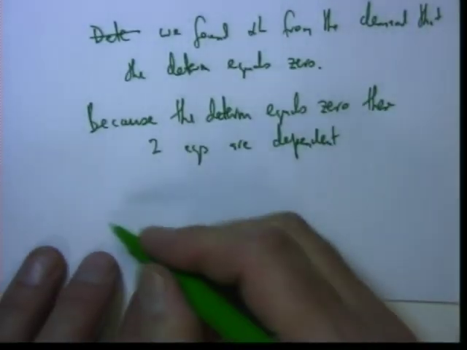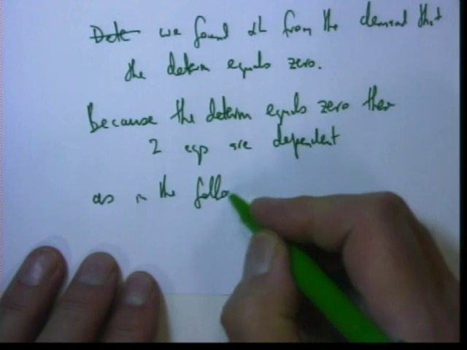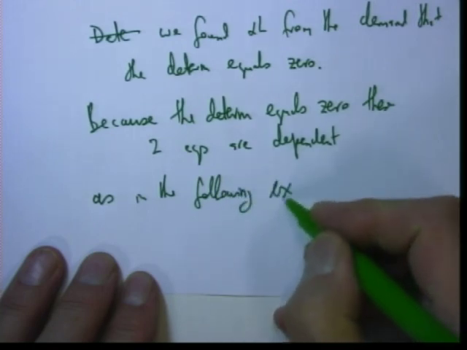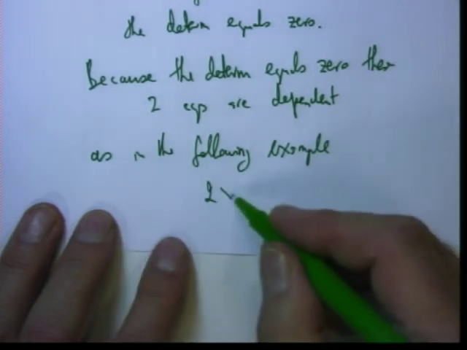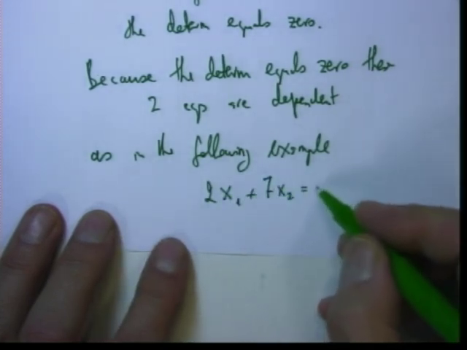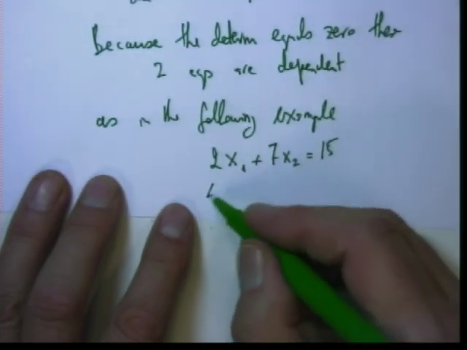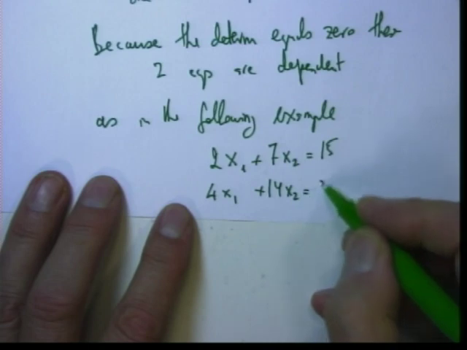Just as an example, as in the following example. Say 2x1 plus 7x2 equals, say, 15. And then 4x1 plus 14x2 equals 30.